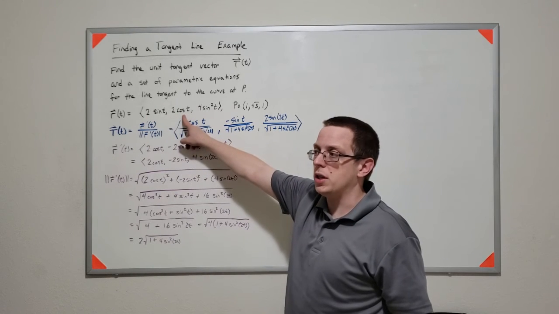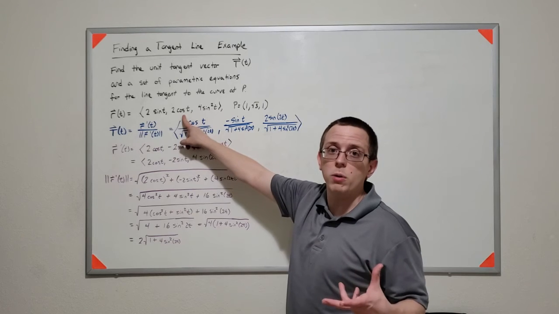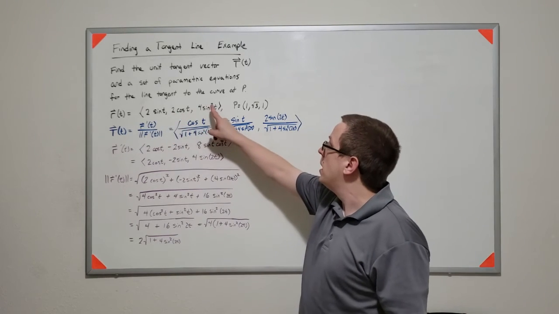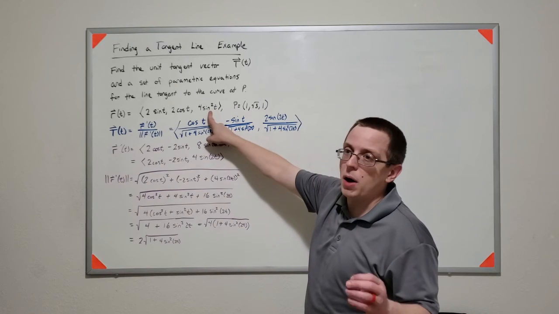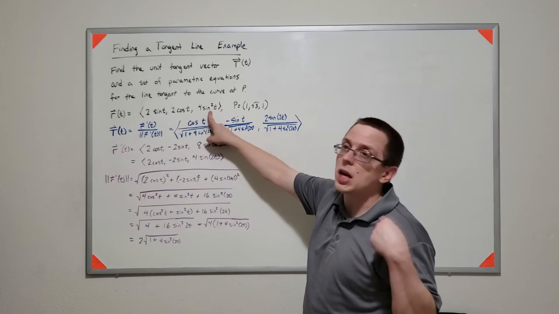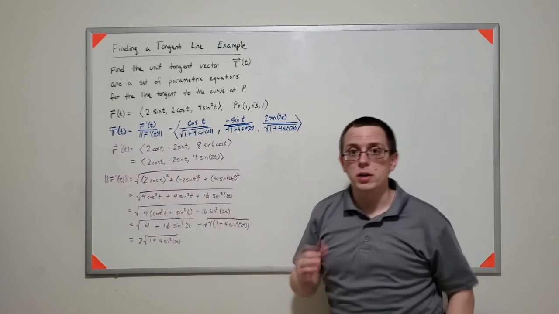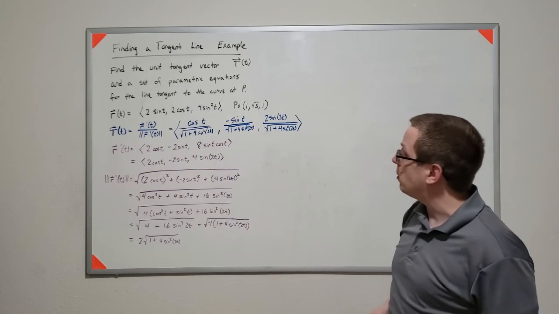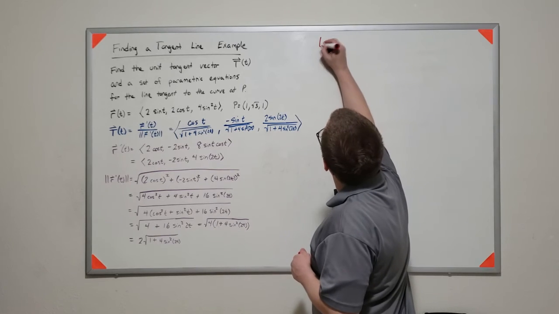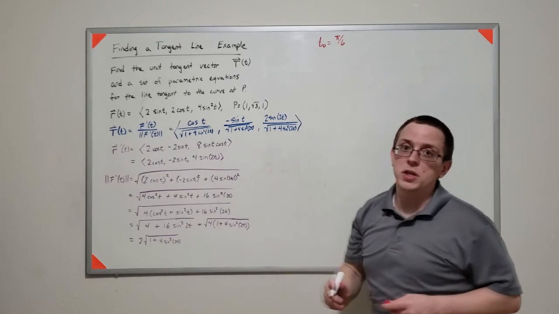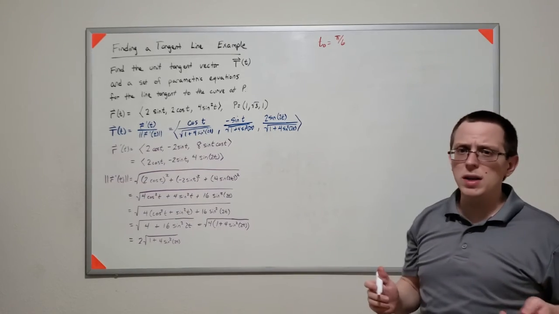Cosine of pi over 6, first quadrant, is square root of 3 over 2, times 2 is square root of 3. And sine of pi over 6 is 1/2, so sine squared is 1/4 times 4 is 1. So it looks like our t value is pi over 6.